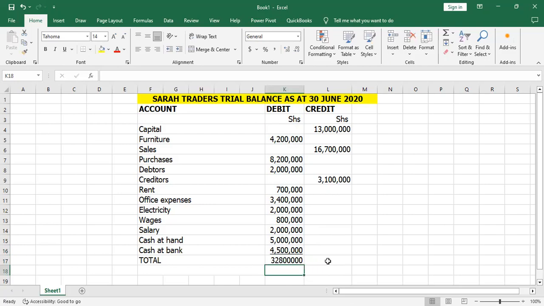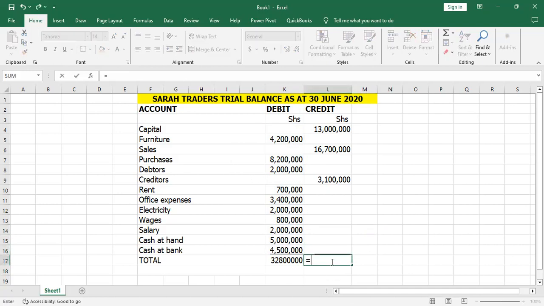Then I'm also going to sum up the balances on the credit column of the trial balance.